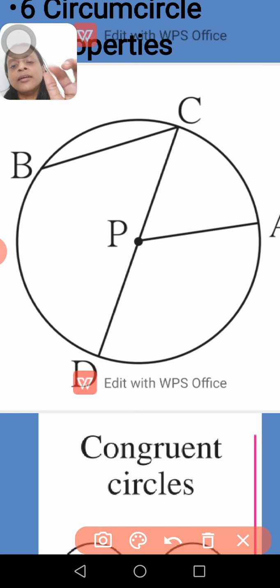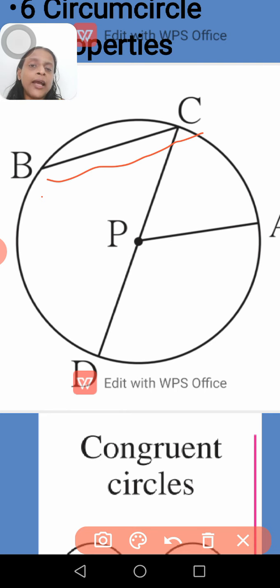Here you can see BC. BC is a chord. Then you might be thinking that not only BC, CD is also a chord. Yes, definitely CD is also a chord, because C and D are two points on the circle and they are joined. But children, can you see one peculiarity there? There is something special about CD. Anybody can answer?